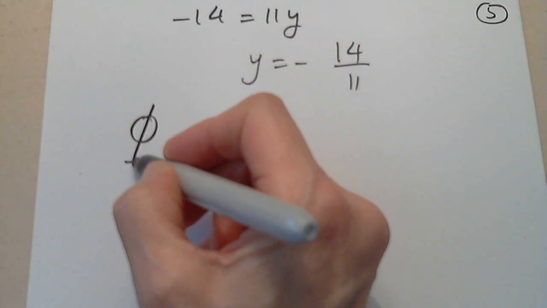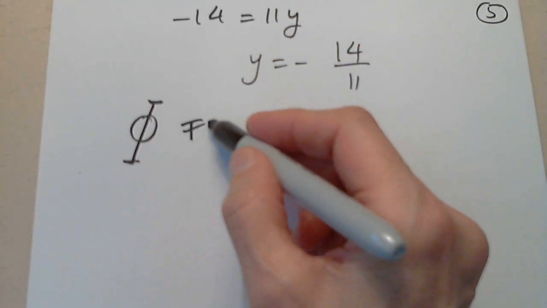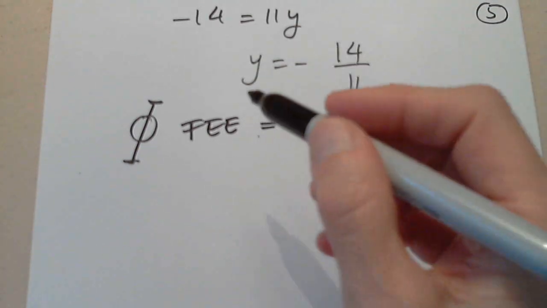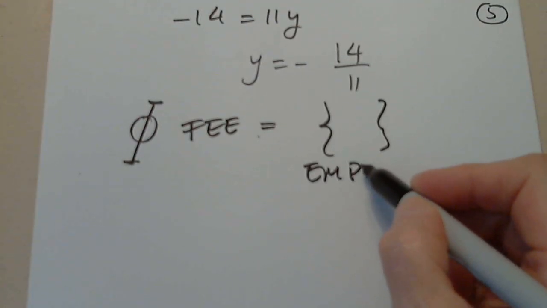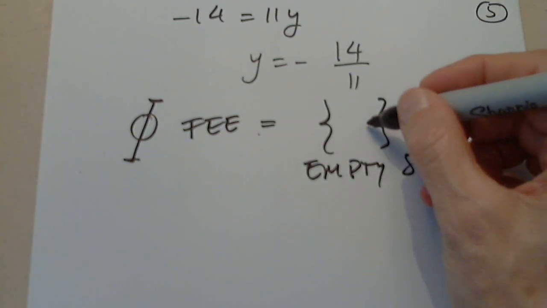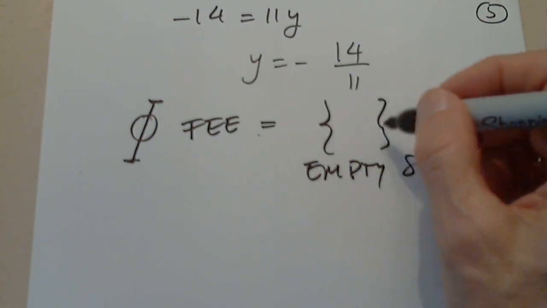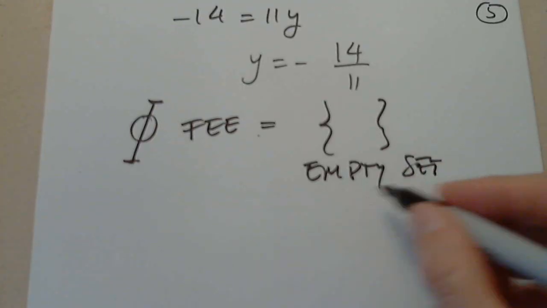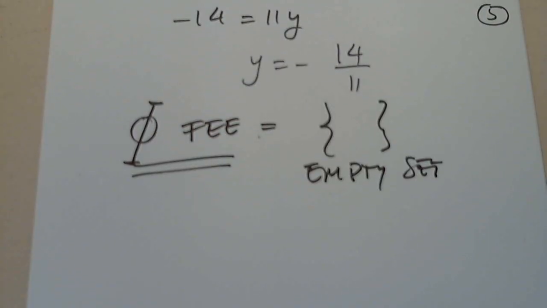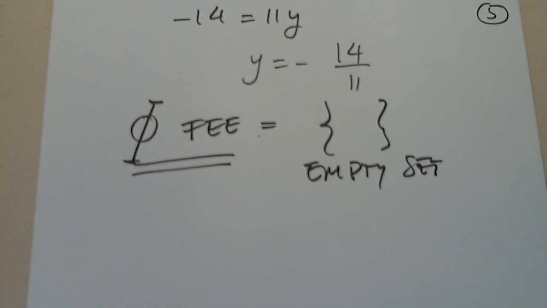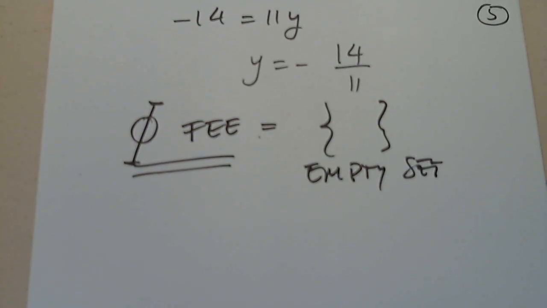This symbol is the Greek letter phi and symbolizes an empty set. Not even 0 in here, nothing. Empty, vacuum, okay? Nothing. The empty set is phi, the Greek letter phi. Nothing. The empty set. Good. That's what this is.